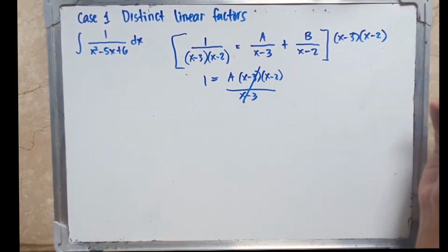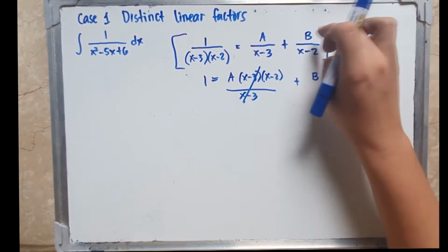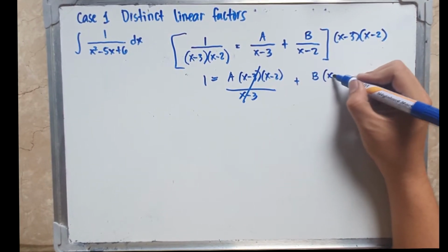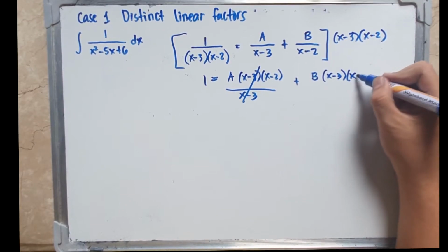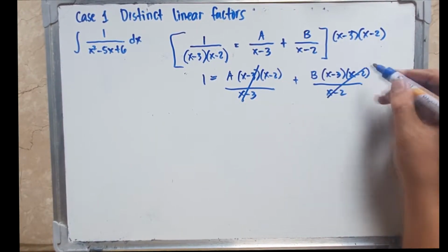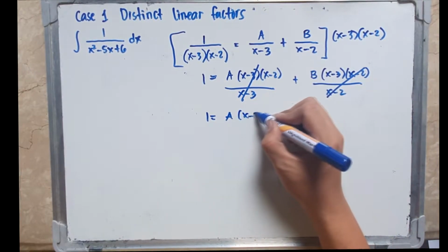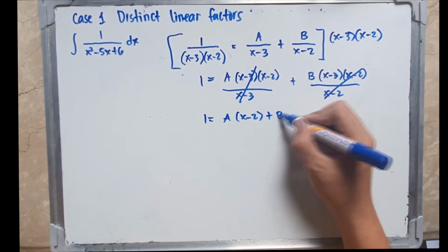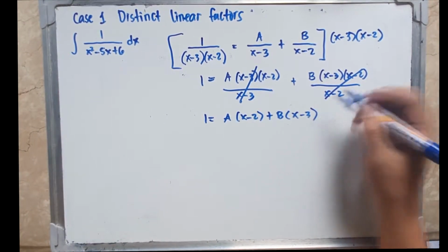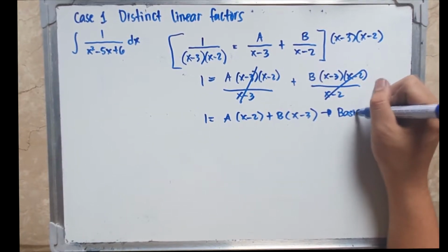We could cancel this one. We also multiply this one to the second term, x minus 3, x minus 2 over x minus 2, and notice we could cancel this one. We now have A(x minus 2) plus B(x minus 3). This is what we call the basic equation.